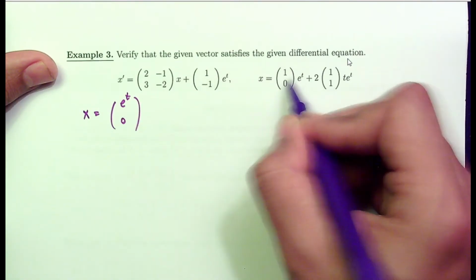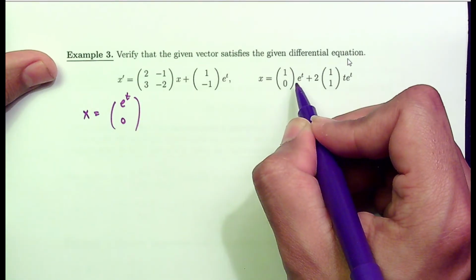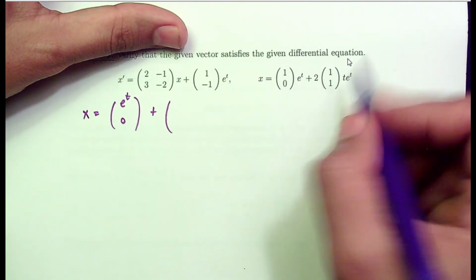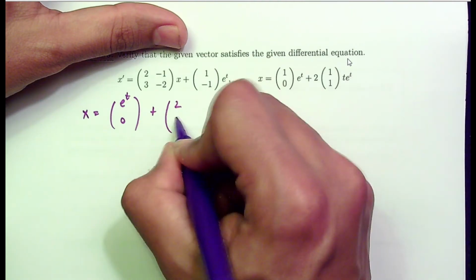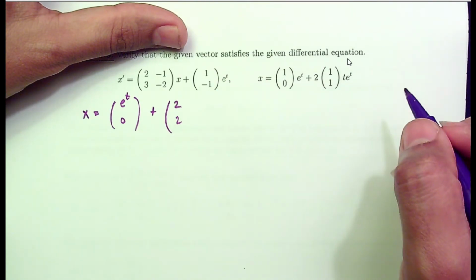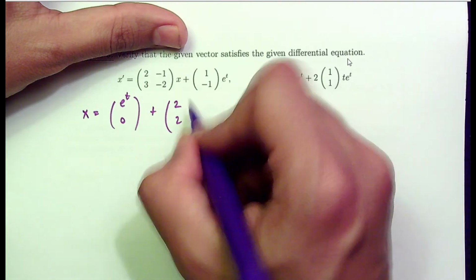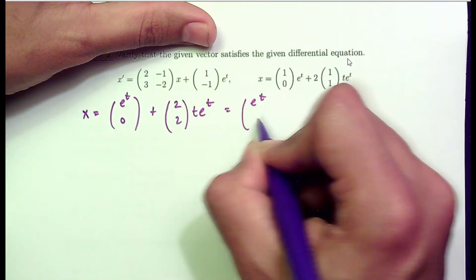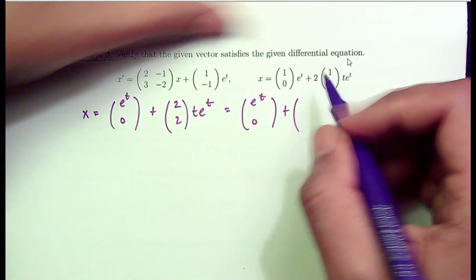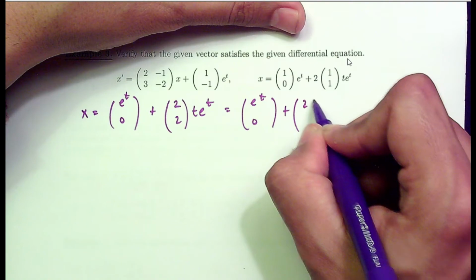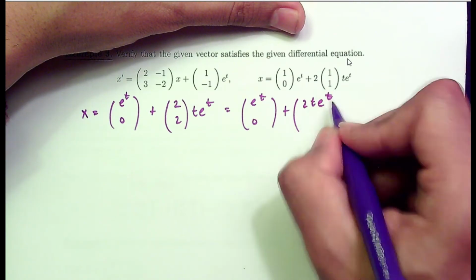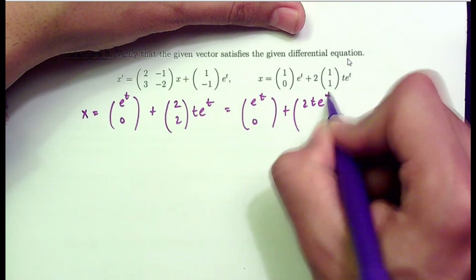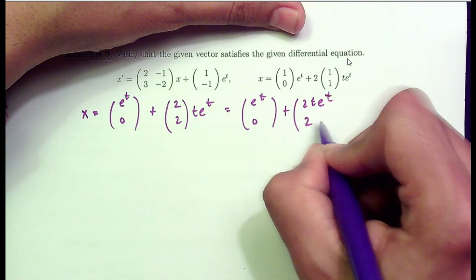So I just did this part, and then plus, multiply the 2 by that, so it'll be 2t e to the t, and then distribute that one, so it'll be 2t e to the t, and then this is 2t e to the t.